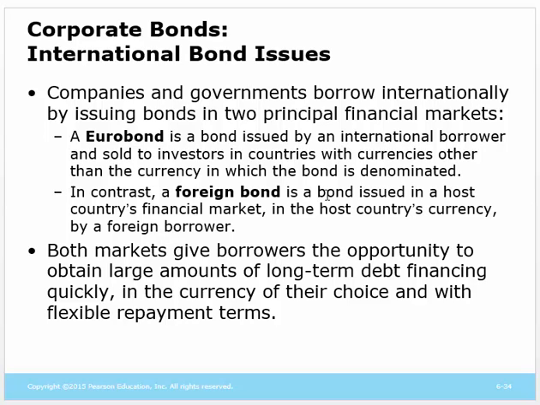So if a Japanese company wanted to issue debt in our country in dollars, we refer to it as a foreign bond because it was issued by a foreign entity.